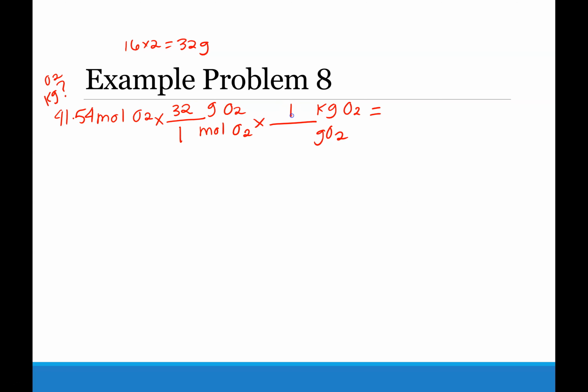And then you give the 1 to the thing with the prefix here and the metric system constant to the base unit, which is going to be grams. So moles of O2 cancel, grams of O2 cancel, and you're left in kilograms of O2. So 41.54 times 32 divided by 1 times 10 to the third equals 1.329, so 1.33 kilograms of O2. And that's going to be our answer for B.